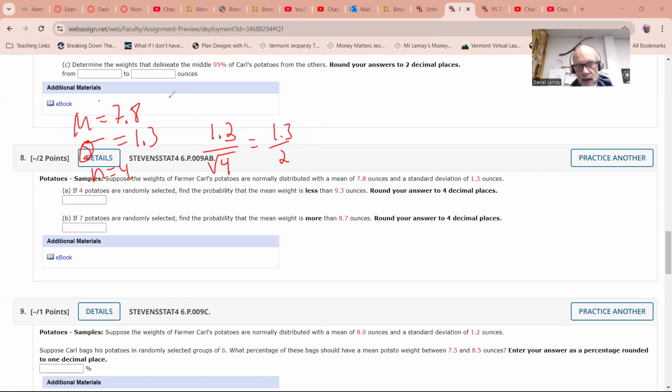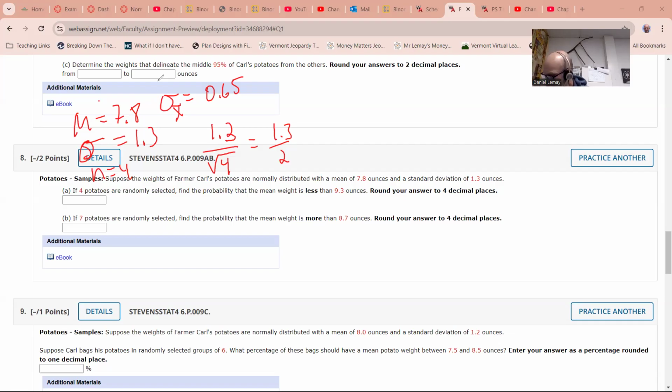The way we denote that is you'll put a little X bar as a subscript. It's actually called the standard error in other textbooks, and maybe Dr. Stevens even uses that term. But essentially, it's just the standard deviation for all the samples of size 4. Now, we want to find the probability of less than 9.3. And then the second part, part B, has n equals 7, so it's going to change our standard deviation.